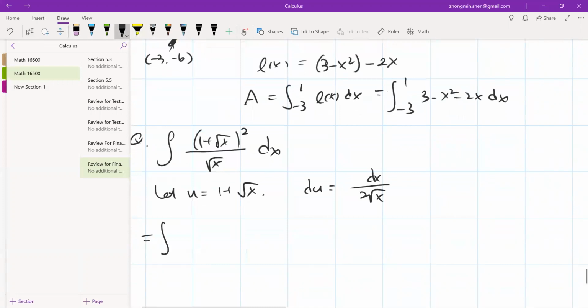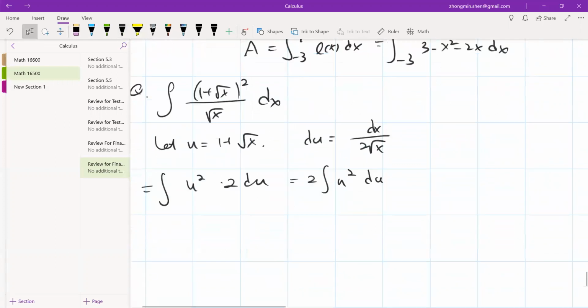So the integral becomes u squared, but dx over d square root of u is 2 du. And see, if you use the substitution, that'll be very simple. 2 times u cubed over 3 plus constant, and then (1 plus square root of x) cubed plus c. Okay.